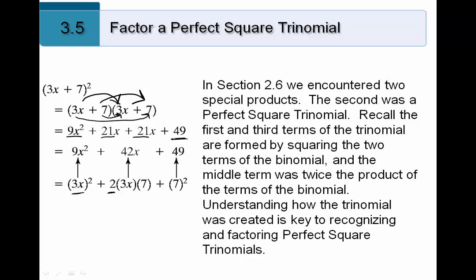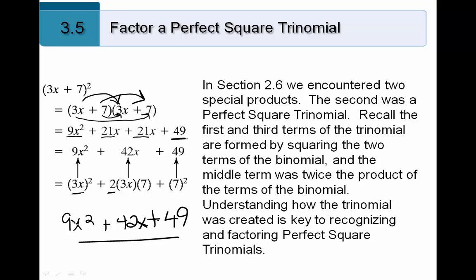So what we ended up with, this 9x squared plus 42x plus 49, is what we get when we multiply a binomial times itself, or when we square a binomial. We call it a perfect square trinomial. And here are some things you can look at to try to recognize when you're dealing with a perfect square trinomial.